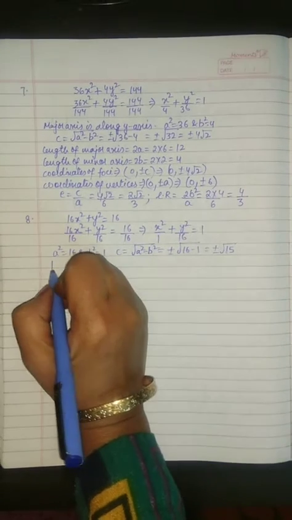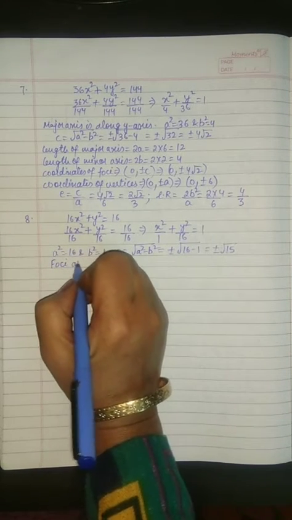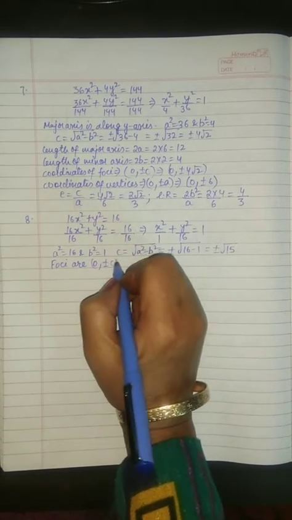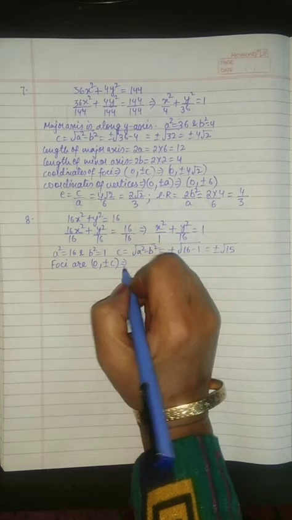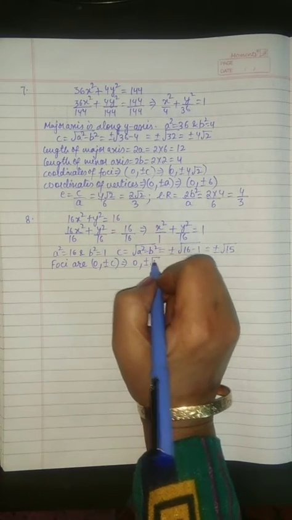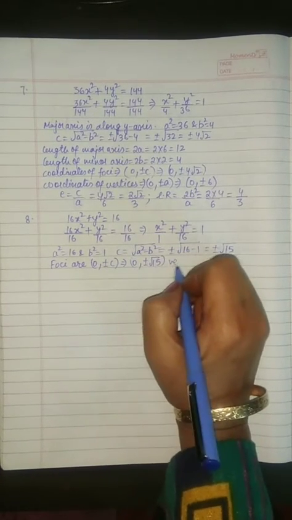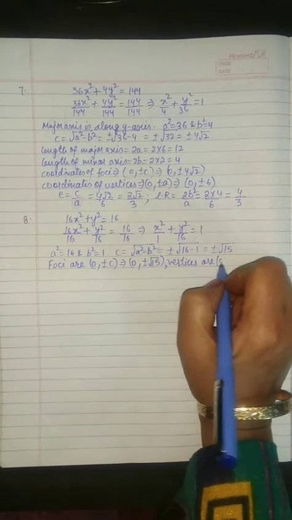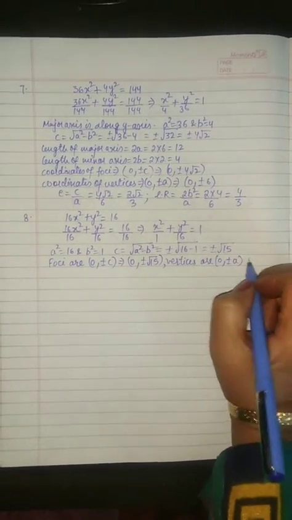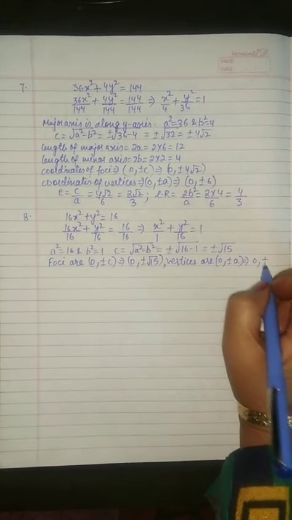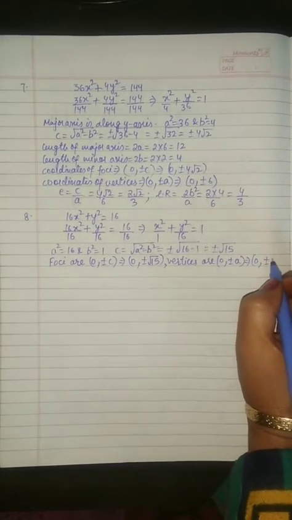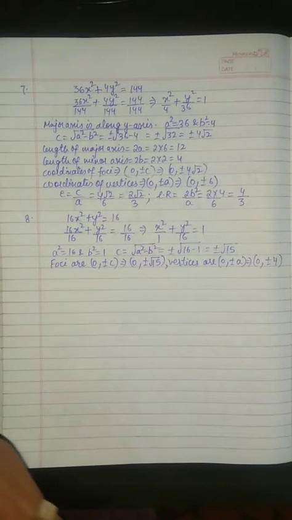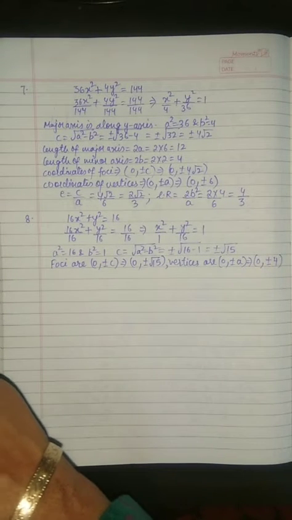So foci are 0 and plus minus c, so it will be 0 plus minus under root 15, and vertices are 0 and plus minus a. Here a square is 16, so a is 4, so it is 0 plus minus 4.